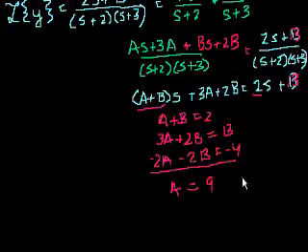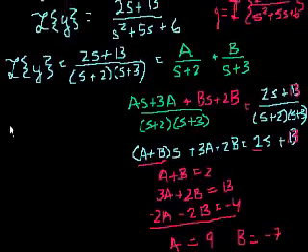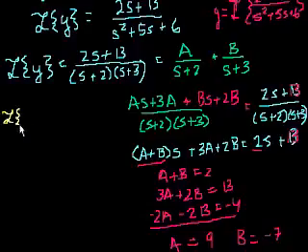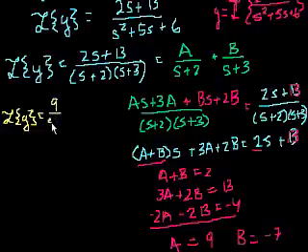Great. If a is equal to 9, what is b equal to? b is equal to 9 plus b equal to 2, or 2 minus 9 is minus 7. And we have done some serious simplification, because now we can rewrite this whole expression as the Laplace transform of y is equal to a over s plus 2, which is 9 over s plus 2 minus 7 over s plus 3.